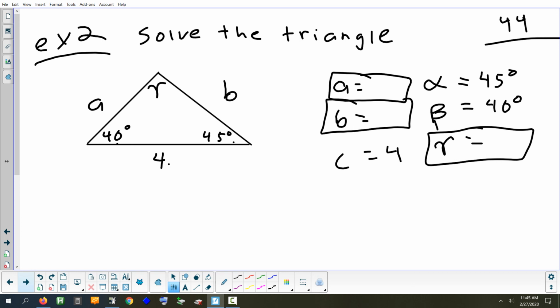Now, I said to you earlier that you know that a problem is law of sines if you have a row that's full. Well, is there a row that's full right now? No, there isn't, but you can easily get one that's full, and then you're good. What would gamma come out to? Yep, 95.